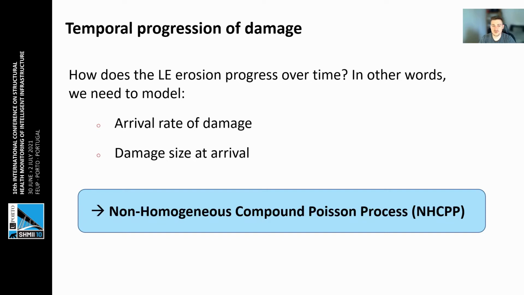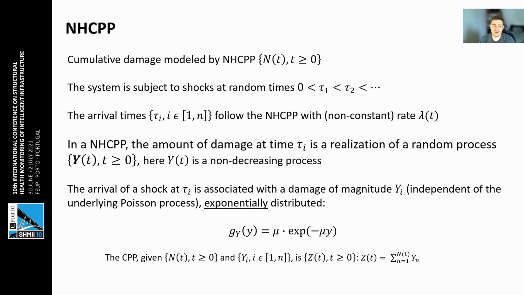We use this process to model the cumulative damage where our system is subject to shocks at random points in time. The rate of arrival of these so-called shocks is not constant, but actually changes in time as well. The damage increment that occurs on shock arrival is a realization of a random process, which is exponentially distributed.